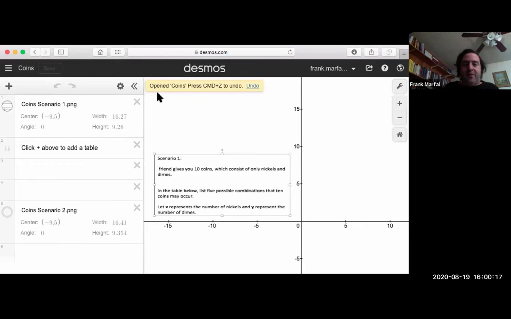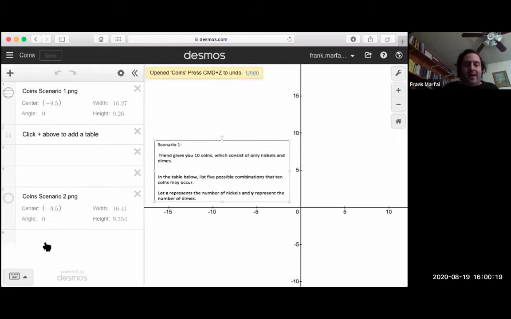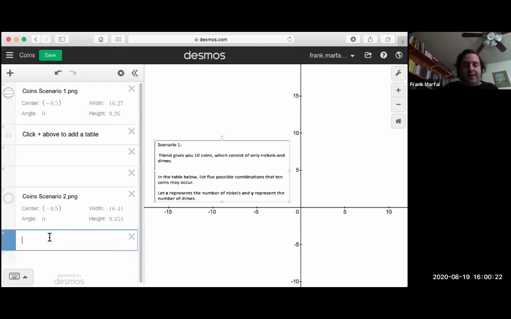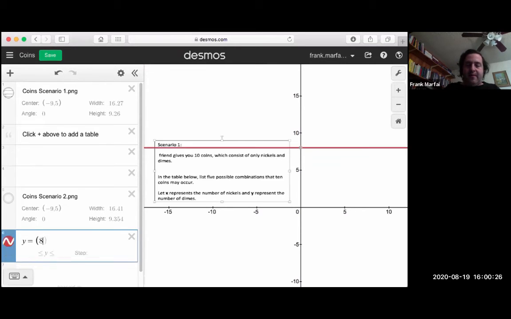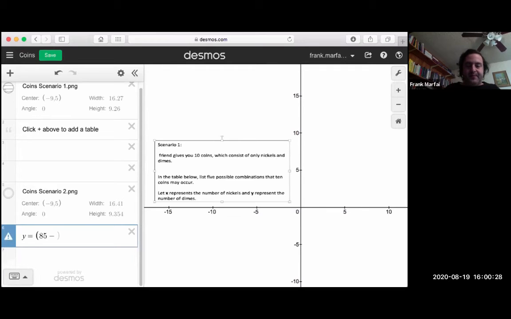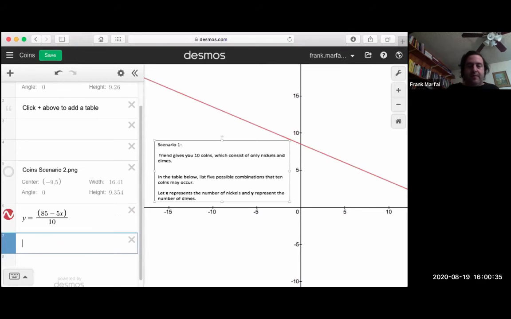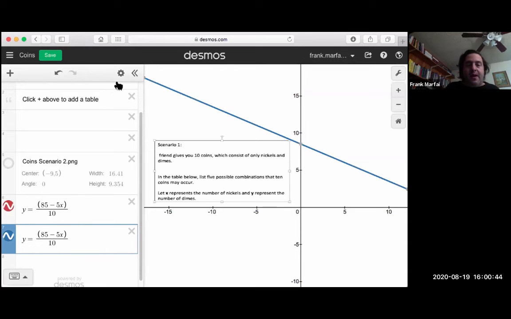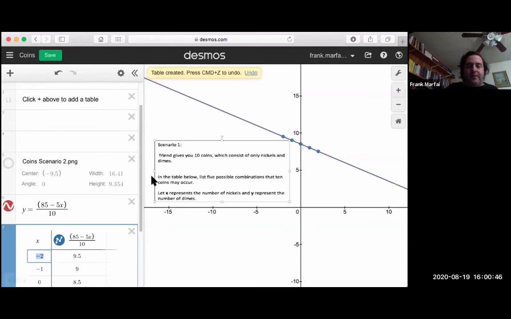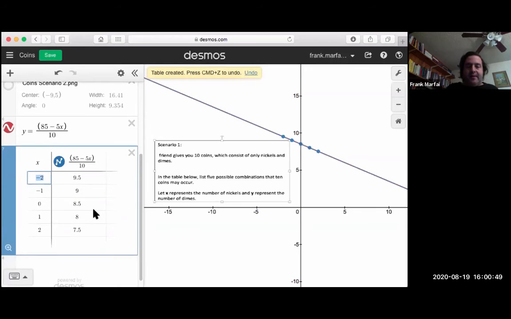Okay, so here's where we were, right? Julie, one of the questions that you had earlier is, can you create it was 85 minus 5x, and I believe that was divided by 10. I think that's what we had as a solution, correct? Then I made an error when I was copying, but I'm going to do Command C. And what you can do is convert this to a table that then calculates your different coins.